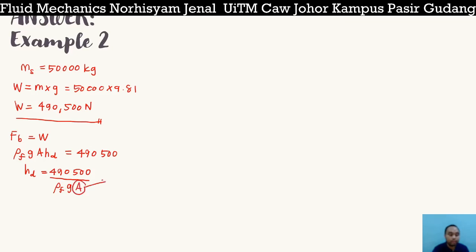The area is a rectangular area, which is length times base. So HD is equal to 490,500 divided by 1000, and the gravitational acceleration is 9.81, and the area is 10 times 2. So total HD should be equal to 2.5 meter.